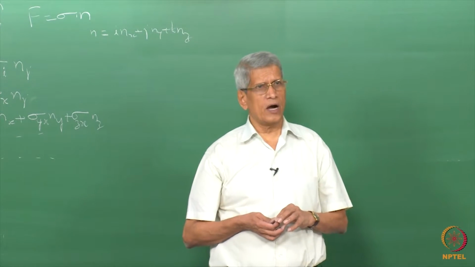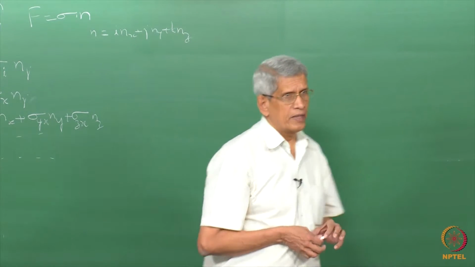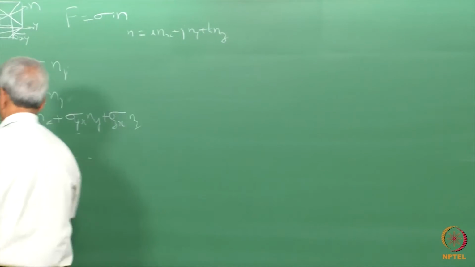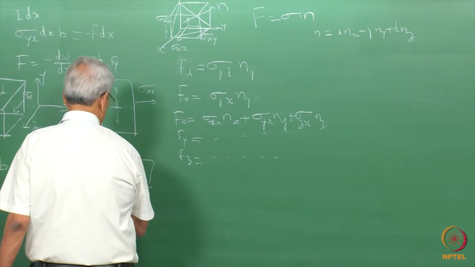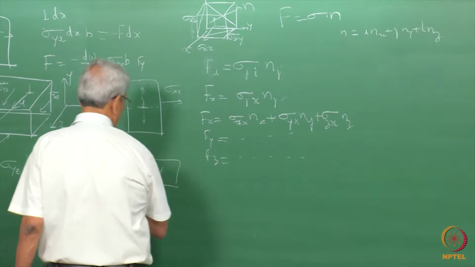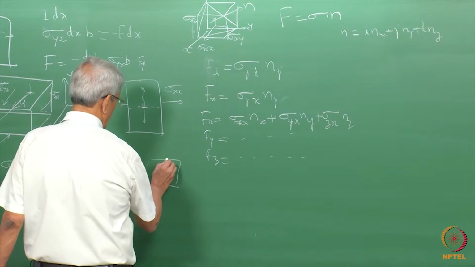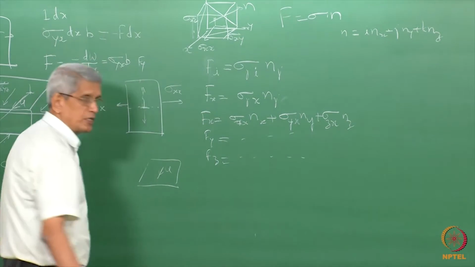Now we have to look at how we define n. That is, if we know a slip plane, and you know the line direction, you assume that the line direction is the direction of the dislocation. We define it as u.